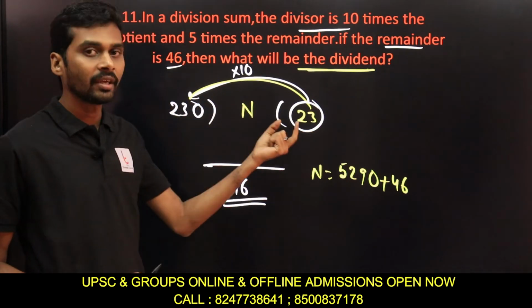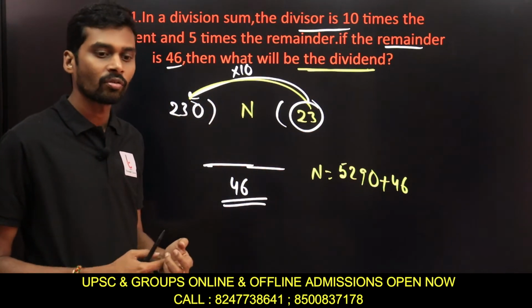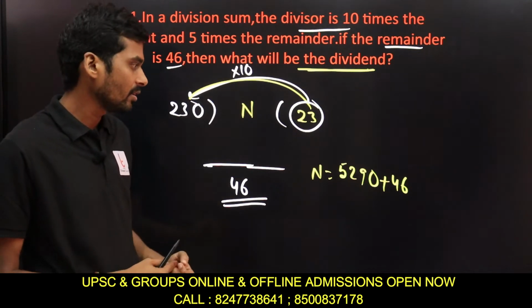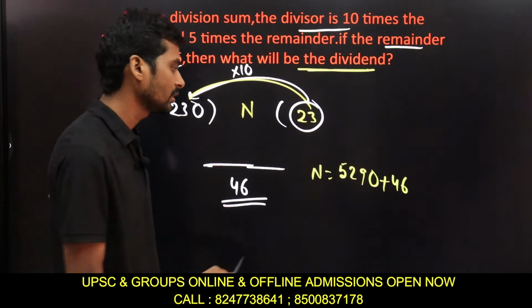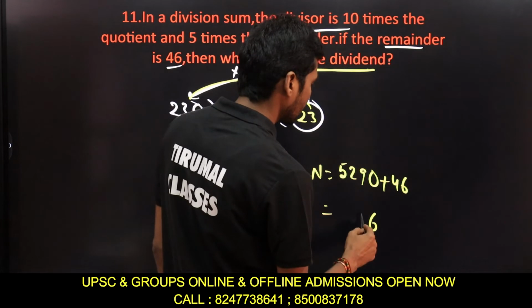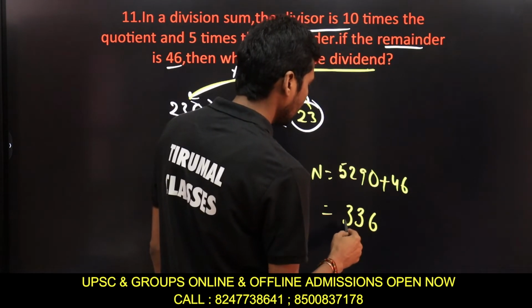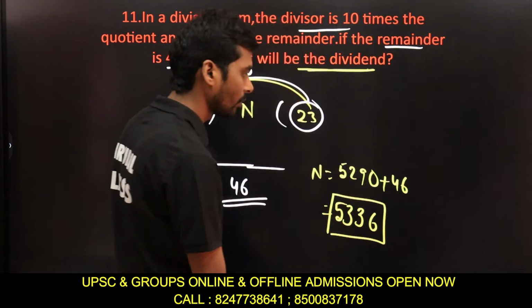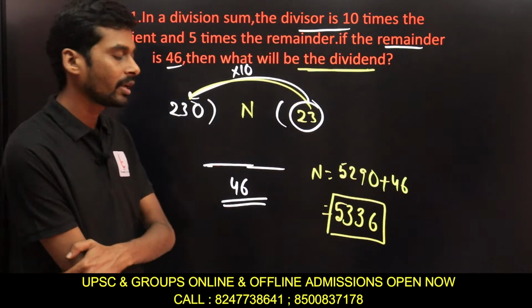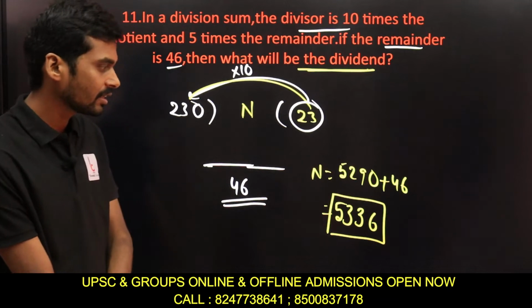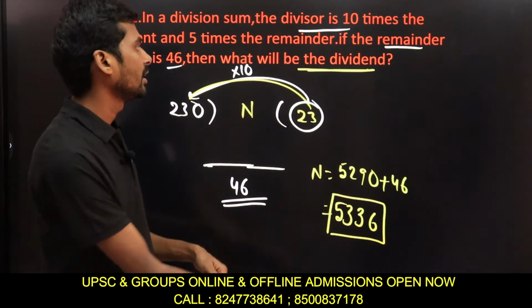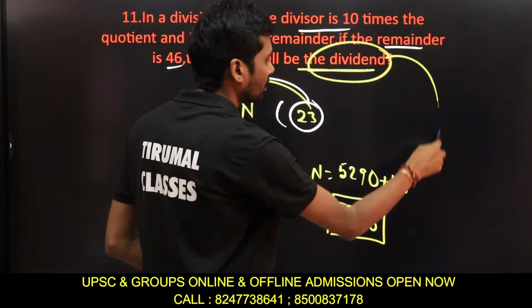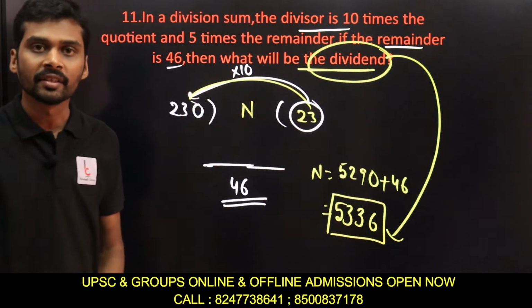So 5290 plus 46 is 5336. The final answer for the dividend is 5336.